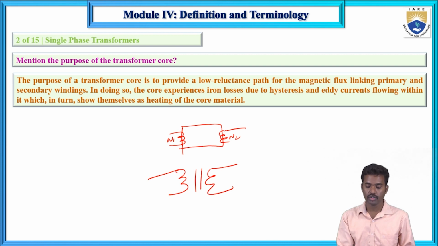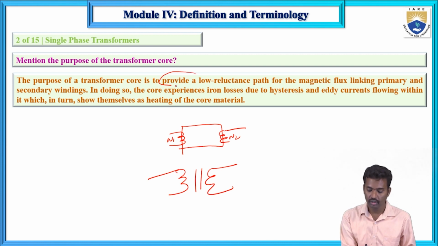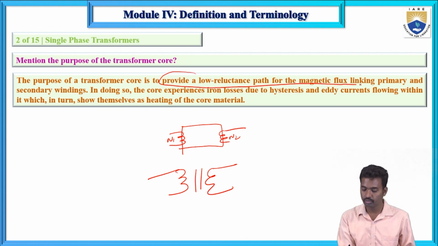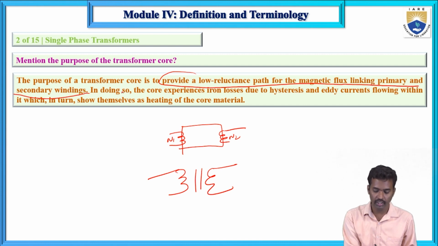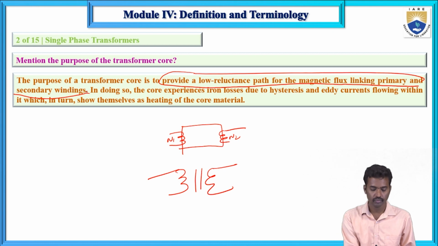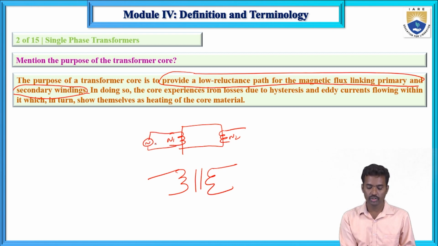First function, it provides a low reluctance path for magnetic flux linking with the primary winding and secondary winding. If you give AC supply to the transformer and current flows in the primary winding, this current sets up flux, and this flux links with the transformer core.